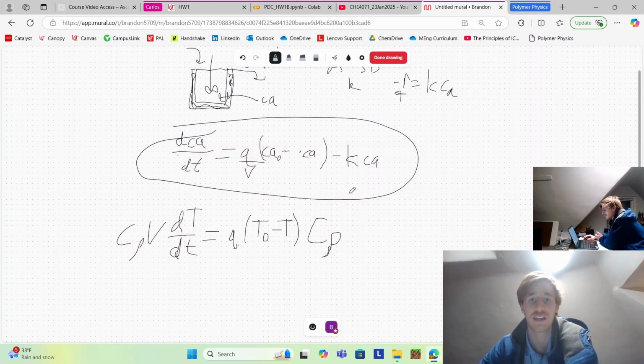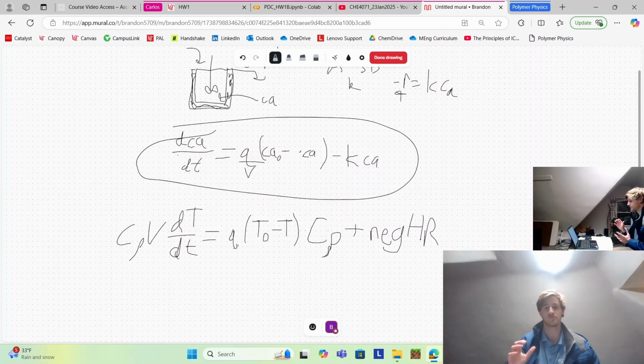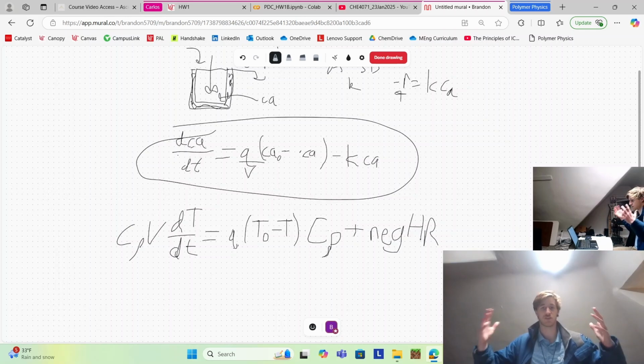All right, now the second source is from a reaction happening, right? And so that's going to add heat, and we are going to use the negative heat of reaction, which is a positive value because that reaction loses heat. It's exothermic, so it is a negative value, but because that heat is going into the tank, it becomes positive.